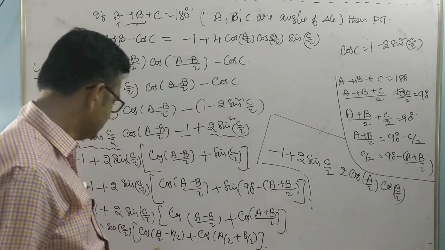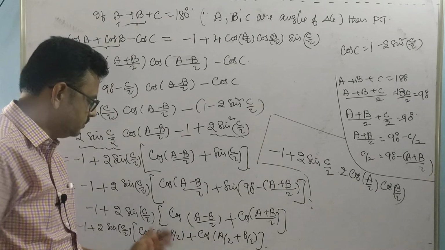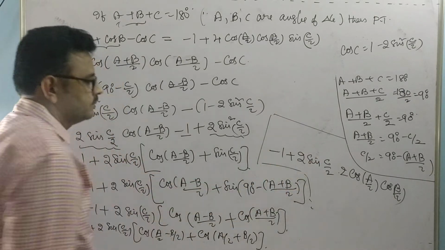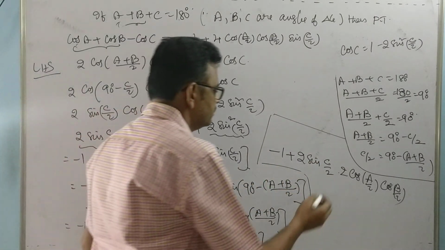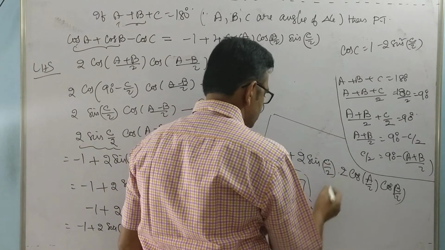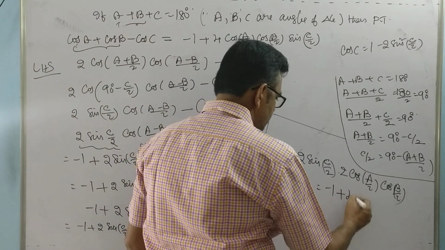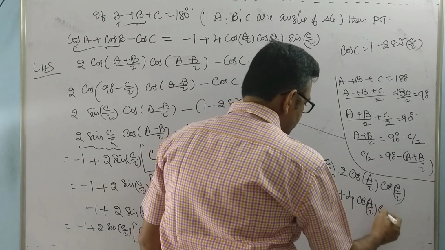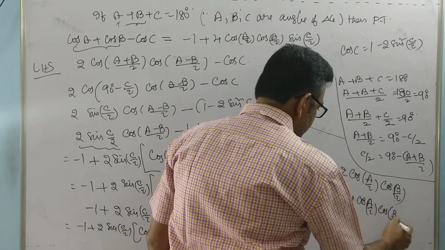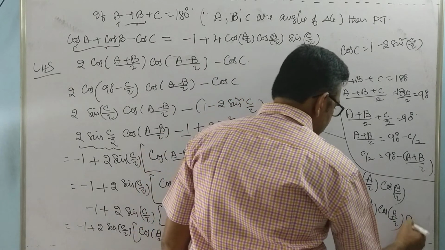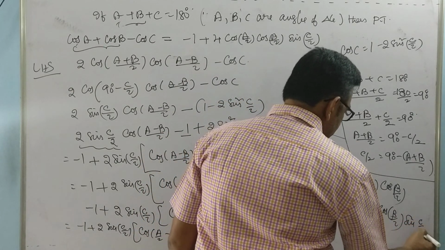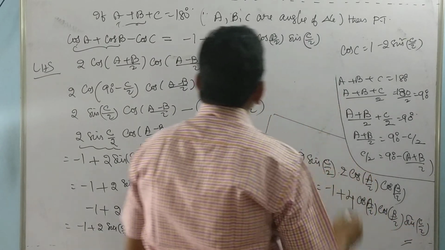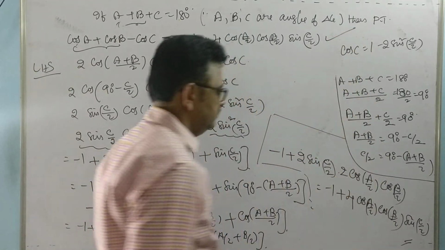Or you write the expansion for both. So 2 terms get cancelled, you get that one. Therefore this is minus 1 plus 4 cos A/2 into cos B/2 into sin C/2. Okay, this is our required result.